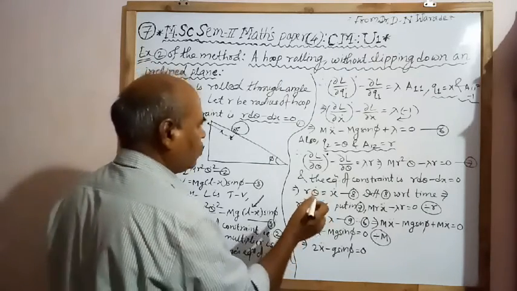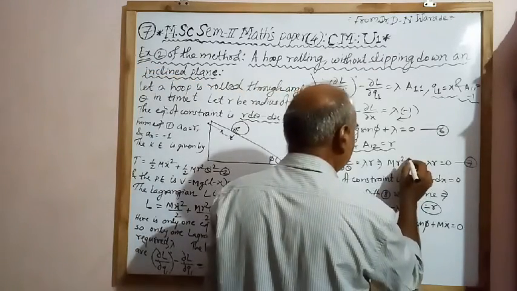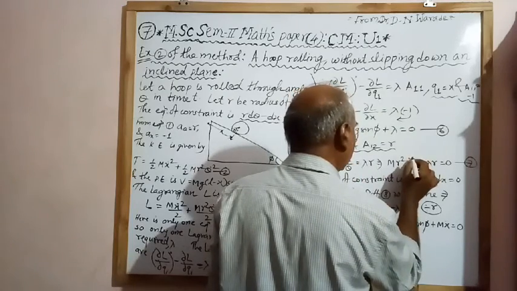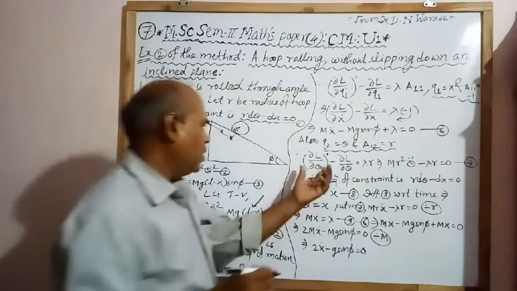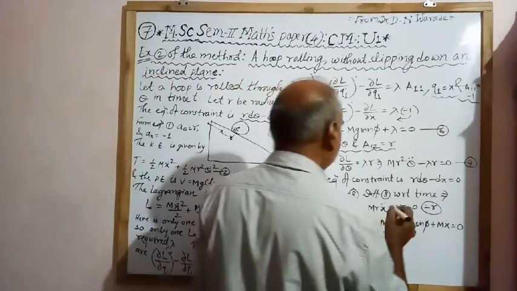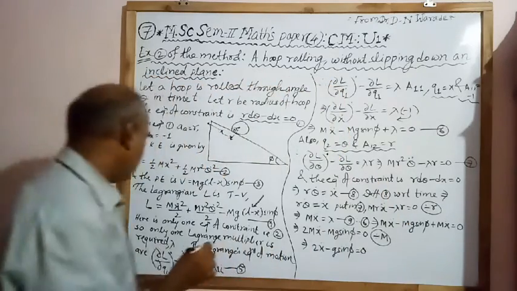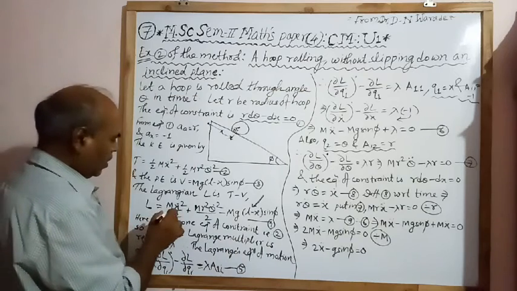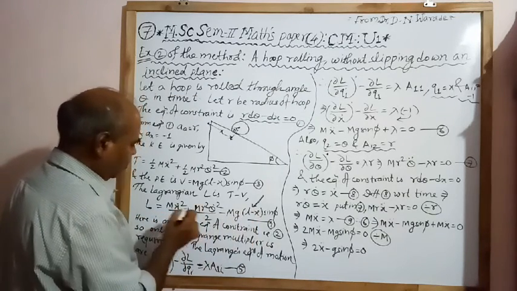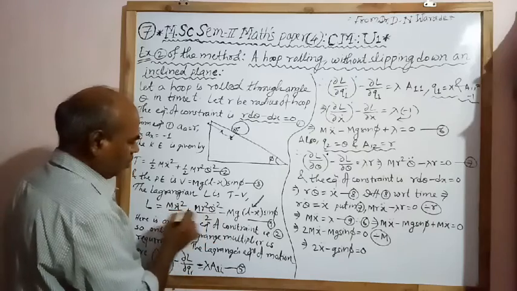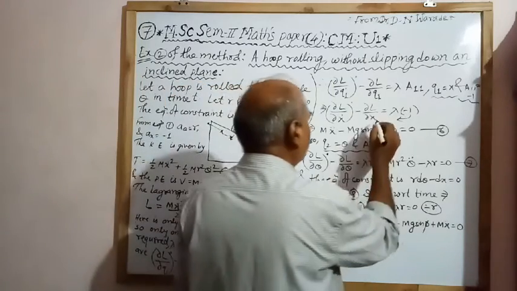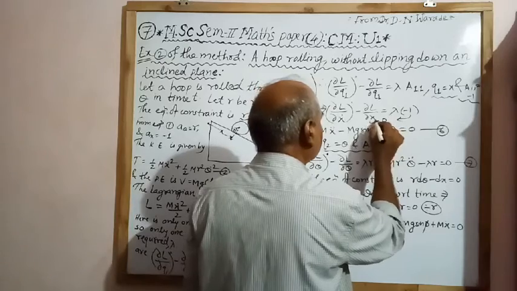Therefore, we have m r square theta double dot. Then, in the Lagrangian L there is no term containing theta alone, so the derivative of L with respect to theta is 0.